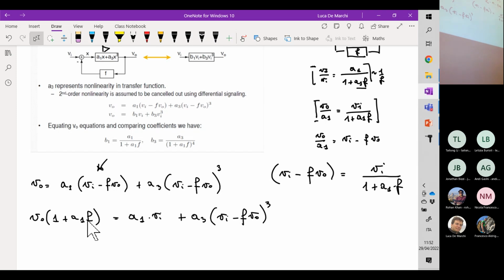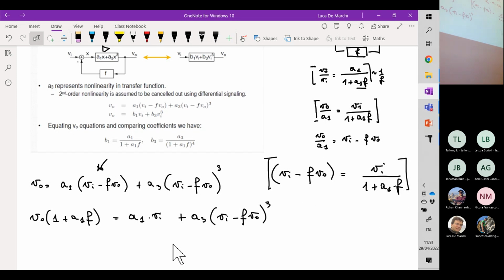If we do so, we can rearrange this expression again by exploiting this relationship here.